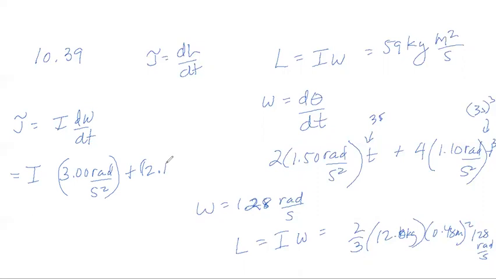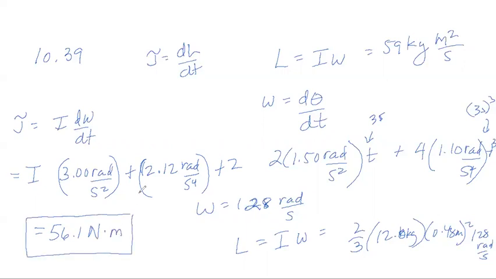Oh wait, that was radians over seconds to the fourth times t squared, times I. And if you do all the math on that, you're going to get 56.1 newton meters. And that was 1039. And that concludes the homework for chapter 10.